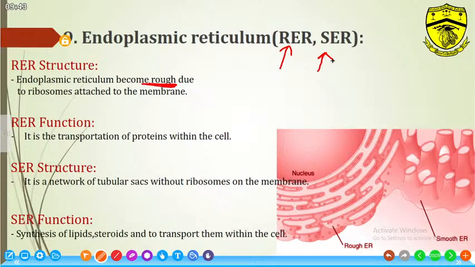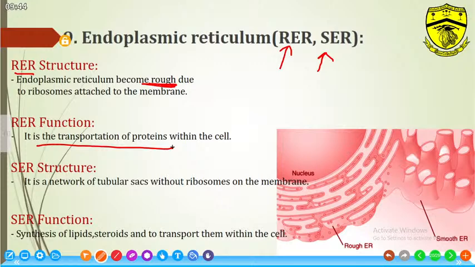The RER becomes rough due to ribosomes attached to the membrane. Its main function is the transportation of protein within the cell.